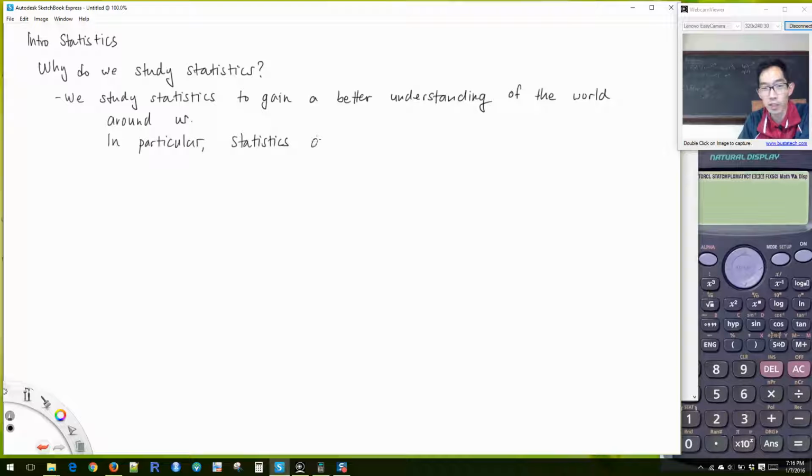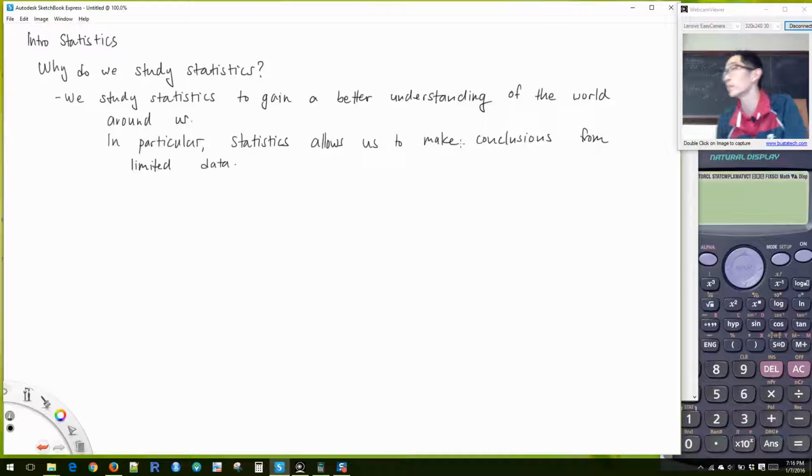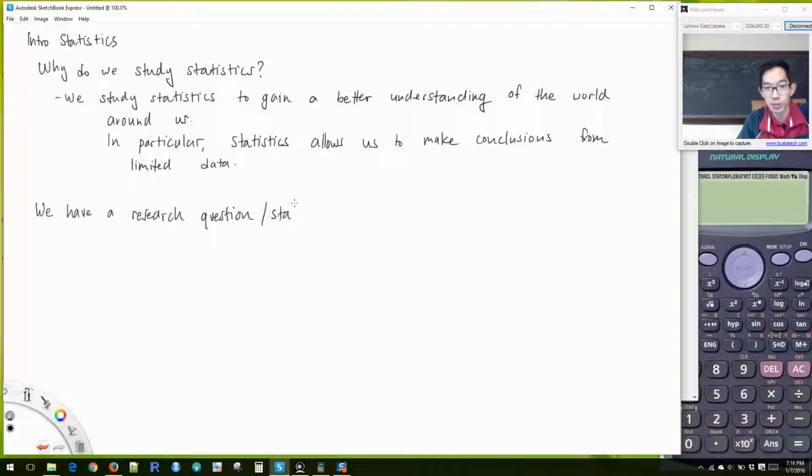and in particular, statistics, the subject, allows us to make conclusions from limited data. What I mean by that is that usually we have some kind of research question, or a statistical question.